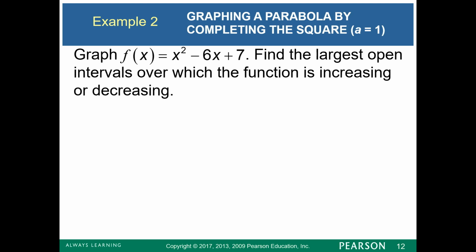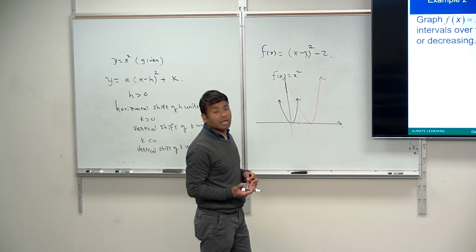If k is negative, vertical shift of k units down. Now, what is the value of k? Positive or negative? Negative. So you shift k units down.